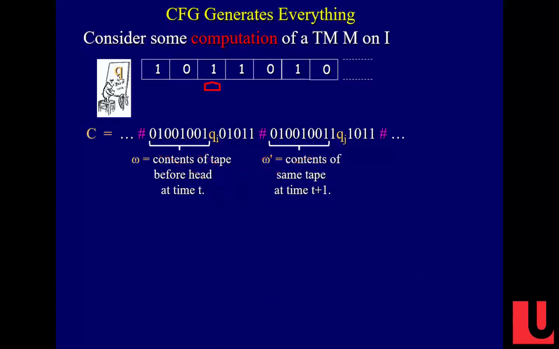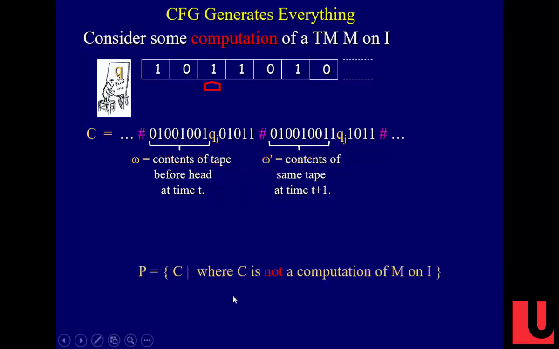However, let's flip it. Let's ask, can you generate every string that's not an accepting computation? And then it's a little more complex, and I do it in the slides, but you can generate all of these things. And so, what's our problem? The problem is, given a grammar, does it generate every string?